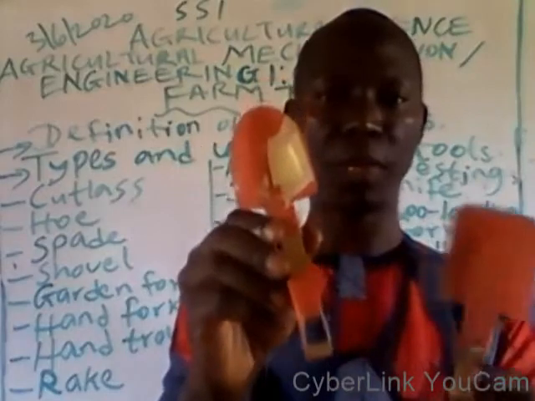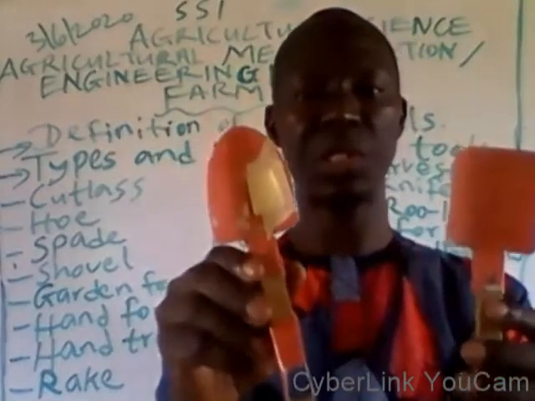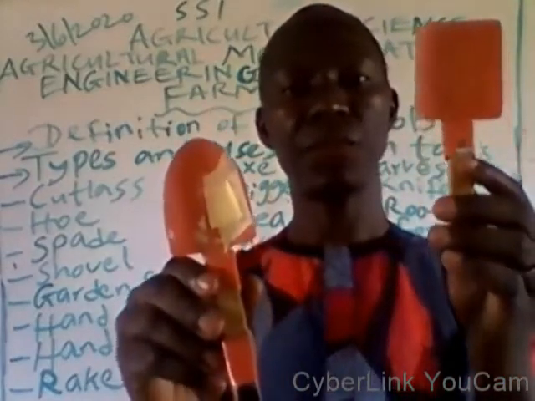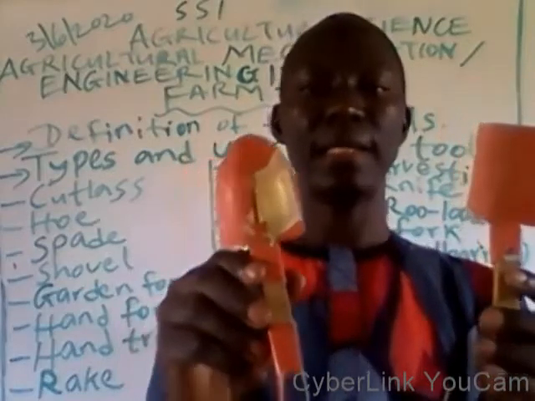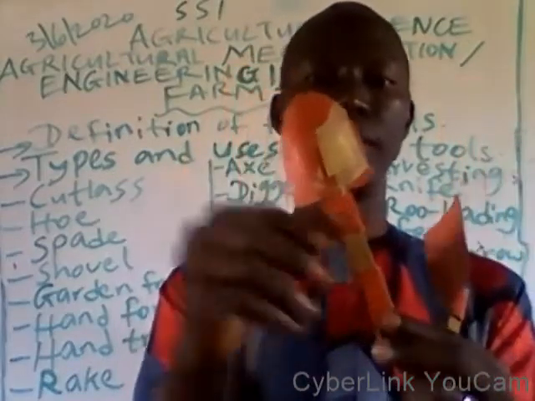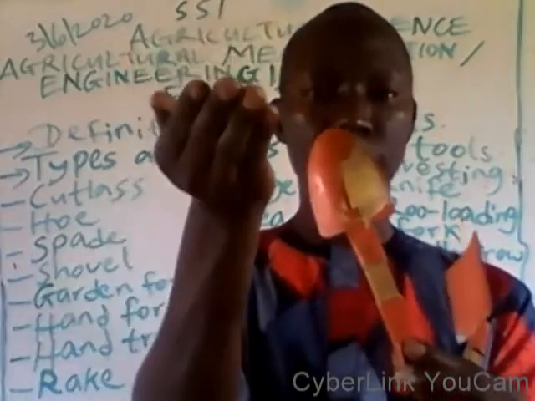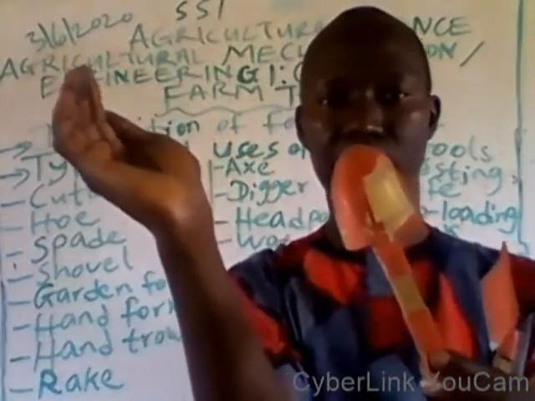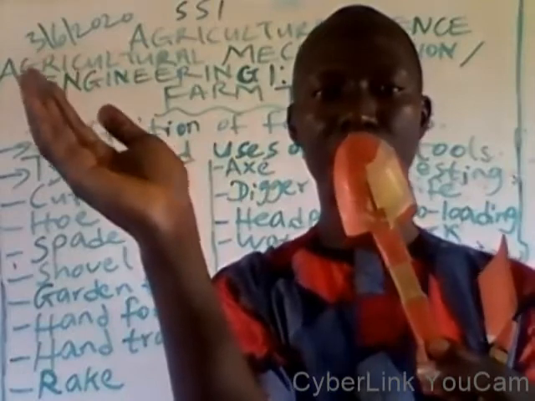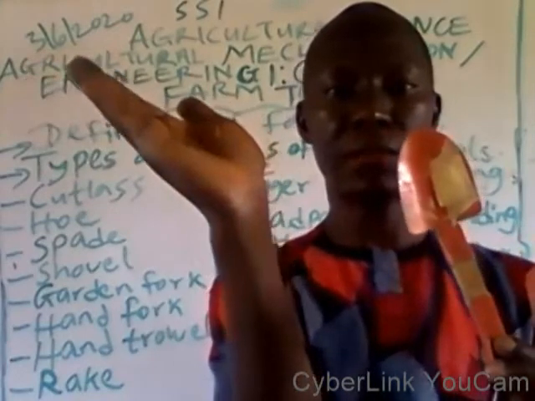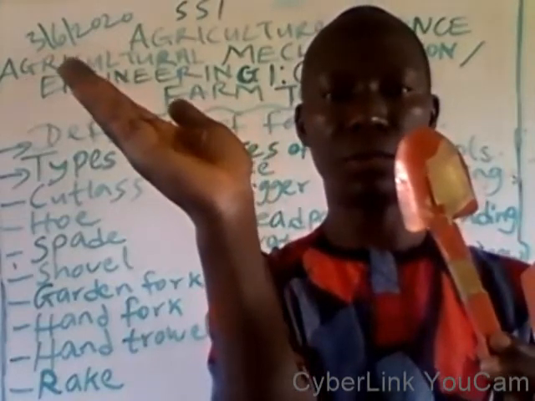That is the major difference between the spade and the shovel. I said that the shovel, the tip of the blade, is curved a little bit upward like this. Can you watch my hand? Like this. But that of the spade is not curved upward.